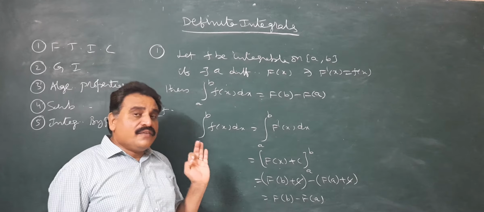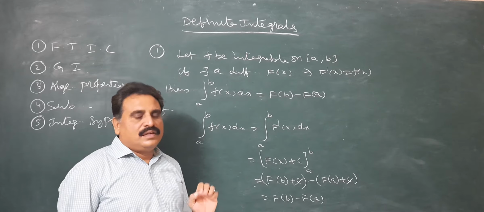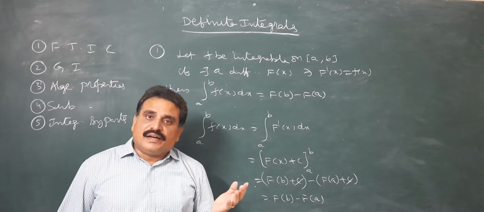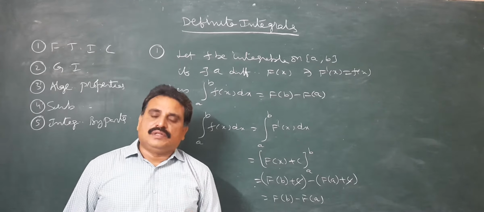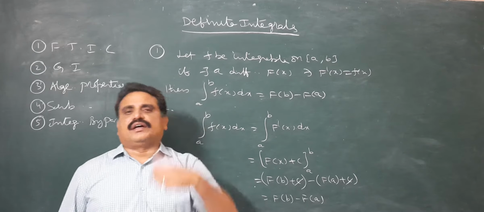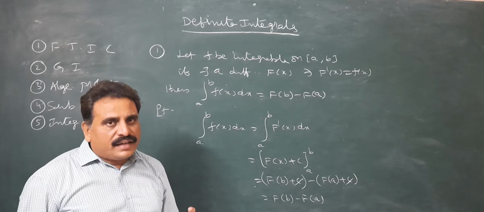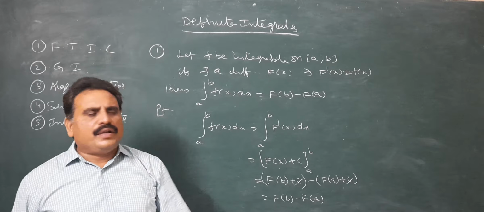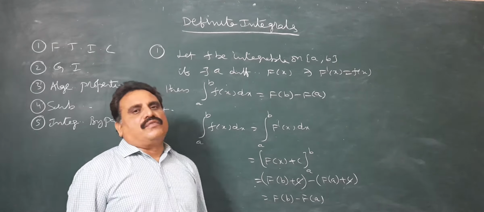Whereas in indefinite integration, the integral of small f of x is capital F of x plus c. That is a family of curves. If c varies, we get different curves. Whereas the definite integral is a definite value, a fixed value, a unique value, F of b minus F of a.